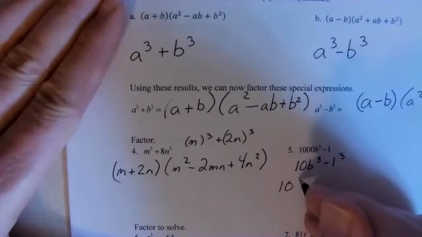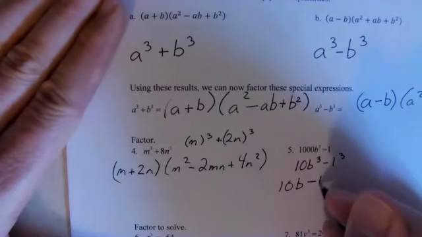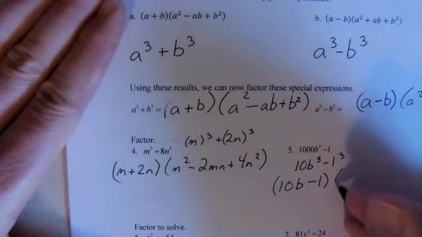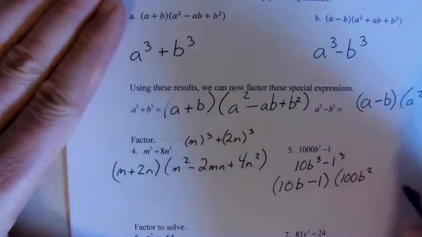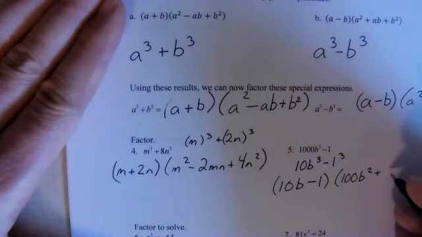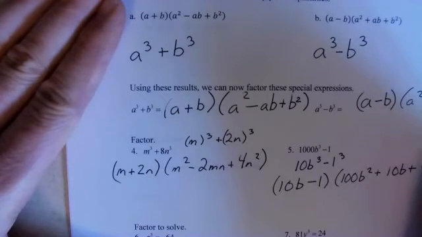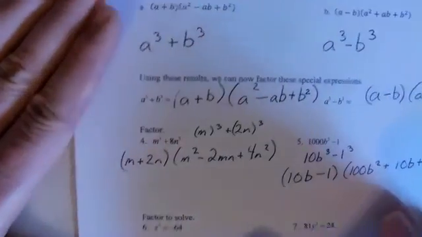So I can write this as 10b with a same sign, minus 1, then a 100b squared with a different sign, then a 10b times 1, so it's still just a 10b. Always end with a plus, and 1 squared is still just 1.